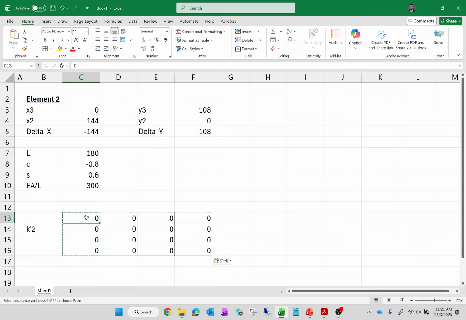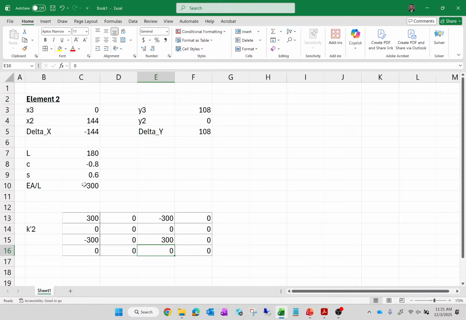And then what do I need to change? I need to change this term, this term, this term, that term. So would everybody agree that that's what K prime is going to look like? Everybody agree with that? That's just going to be EA over L, minus EA over L, minus EA over L, EA over L. Just this matrix right here. Just this one right here.